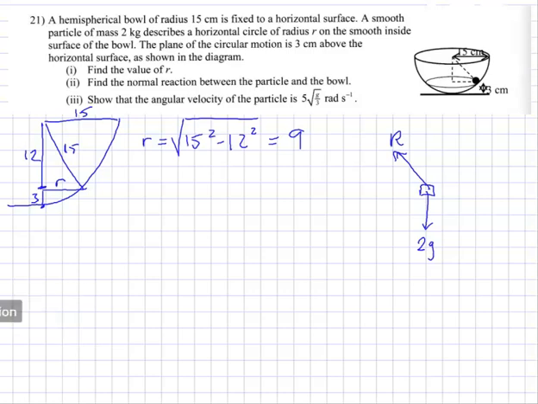We can appreciate that this normal reaction has 2 components. It has the centripetal force component, and it's got the vertical component that's going to have to act against its weight of 2g. Those 2 components are our cos theta and our sine theta. And then we're immediately going to say, well, what's theta then? Let's cast our minds back to the idea of a circle or a sphere.